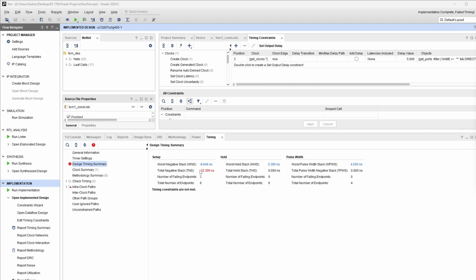Then you'll try to fluctuate the input delay by 0.5 and the output delay by 0.5. You just do this constantly until you get a positive value.